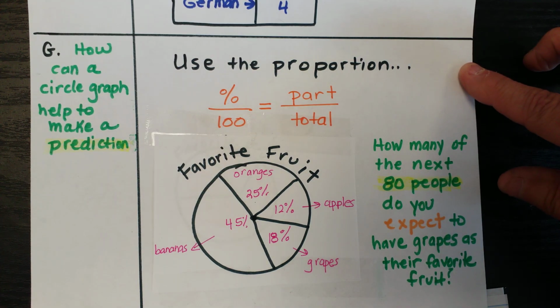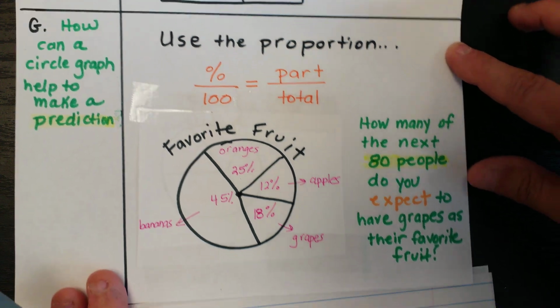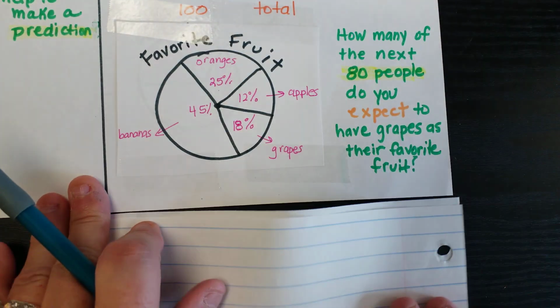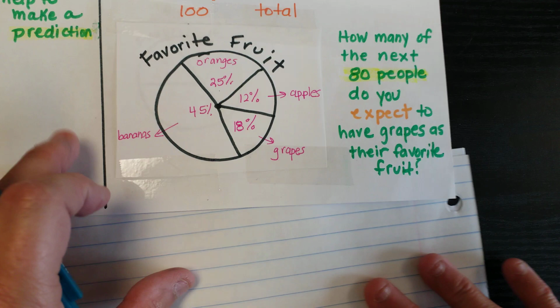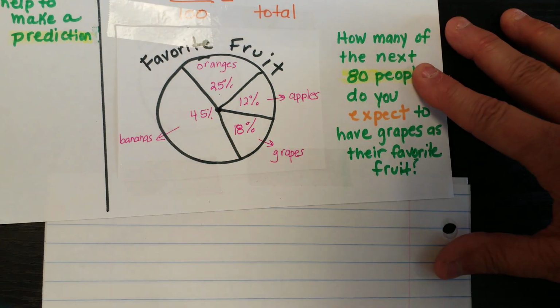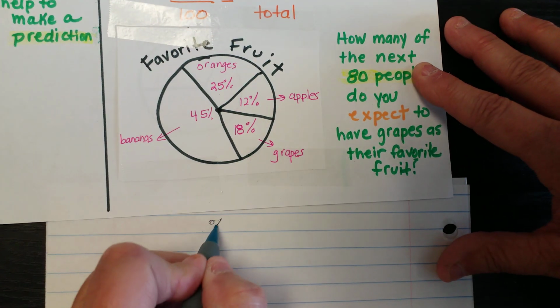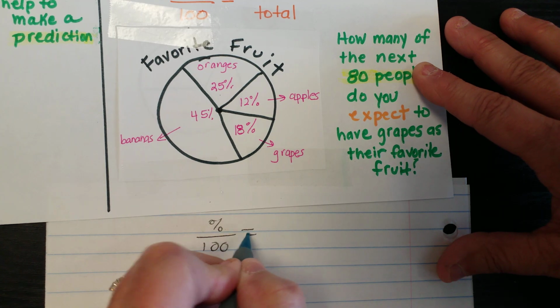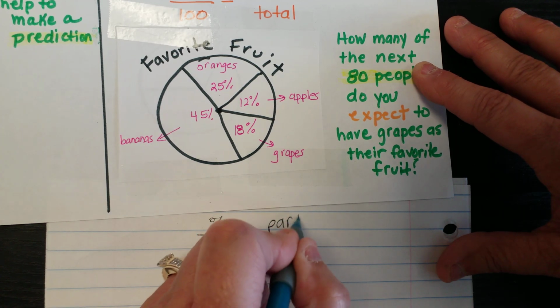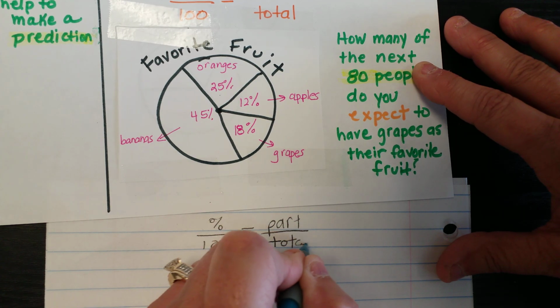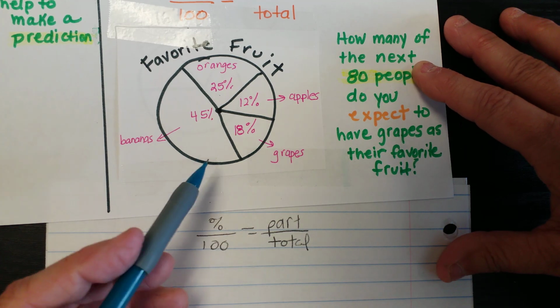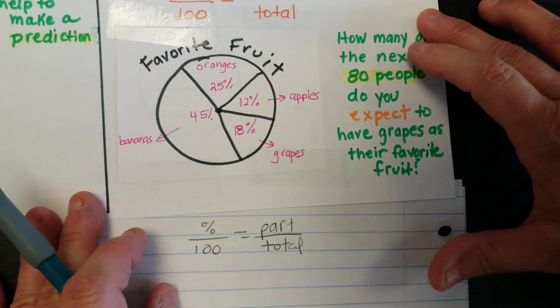How many of the next 80 people do you expect to have grapes as their favorite fruit? So to do this prediction problem, you're going to use the percentage proportion up there, which reads percent over 100 equals part over total.